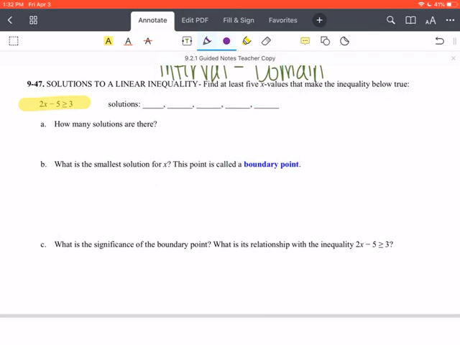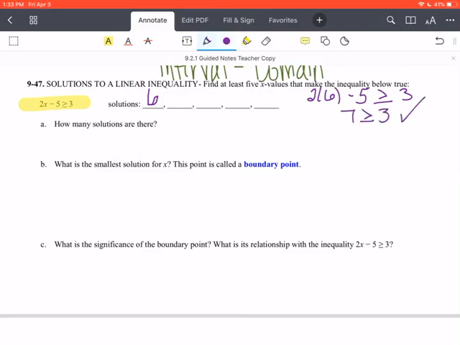Okay, so I am thinking, what if I plug in 3? 2 times 3 is 6, 6 minus 5 is 1, but 1 is not greater than 3, so that's not going to work. So I'm going to try something higher, maybe a 6. Let's check. 2 times 6 minus 5 is greater than or equal to 3, so 12 minus 5 is 7, greater than 3.